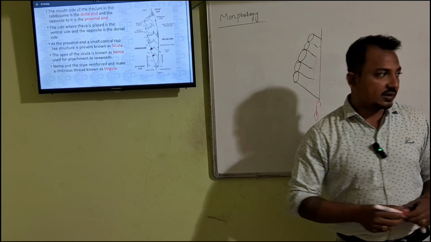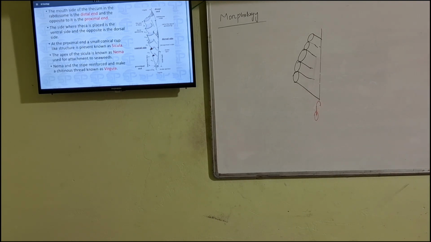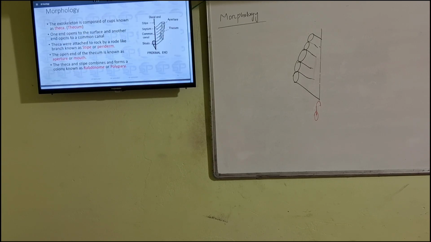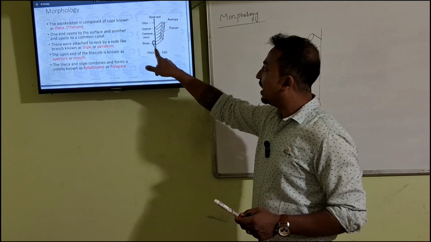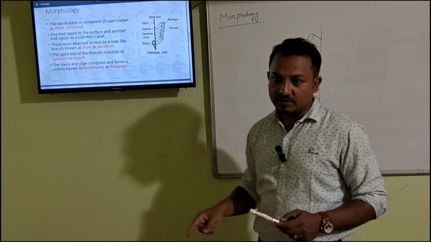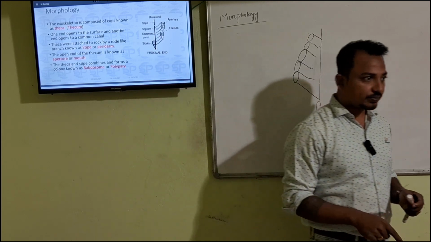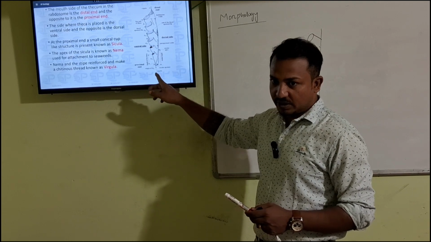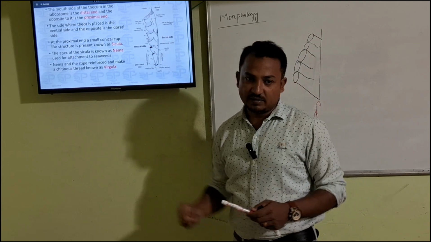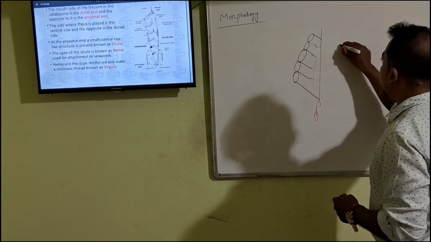You can see this in the diagram. The nema and stipe together are called the virgula.